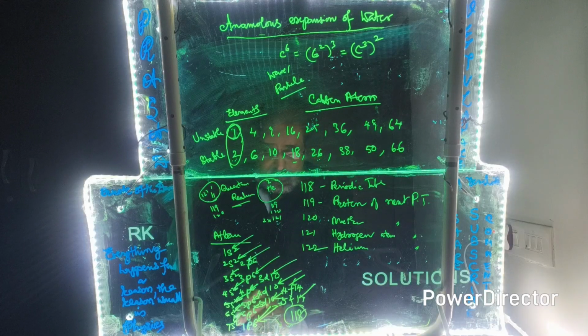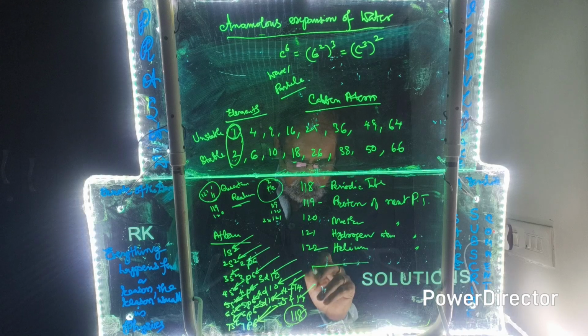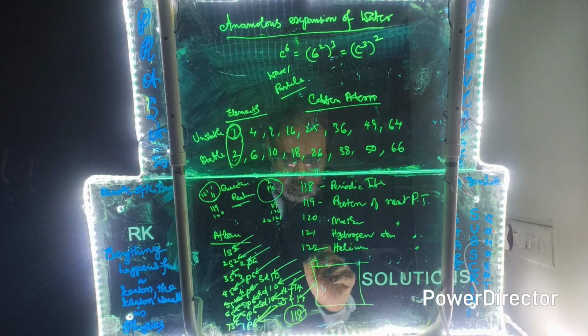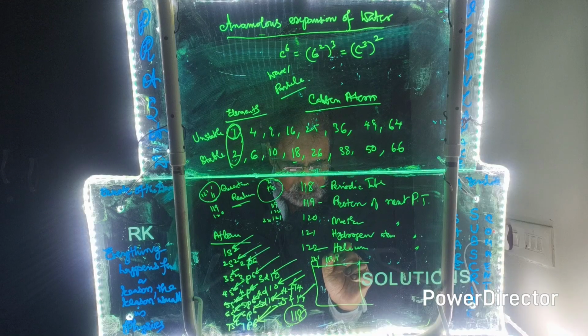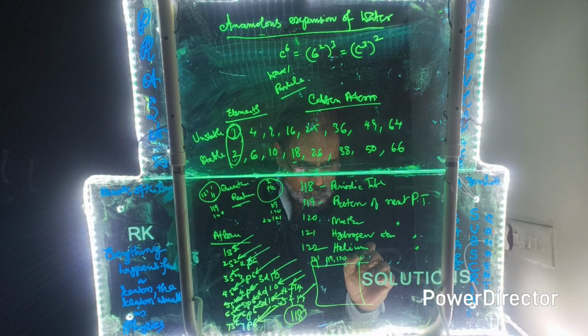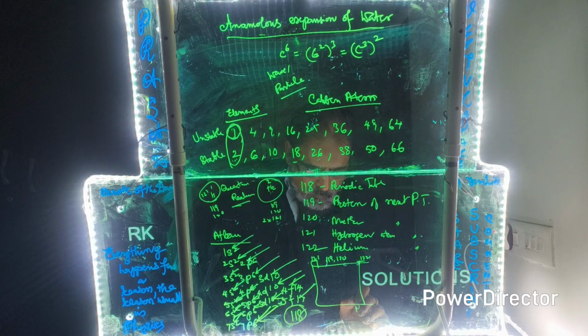So where should the new guy go? Then, I told you, the new table will start with 121. 120 will be the last one, 121 will be the new first element, 122, and here 121 plus 177, that is 298.